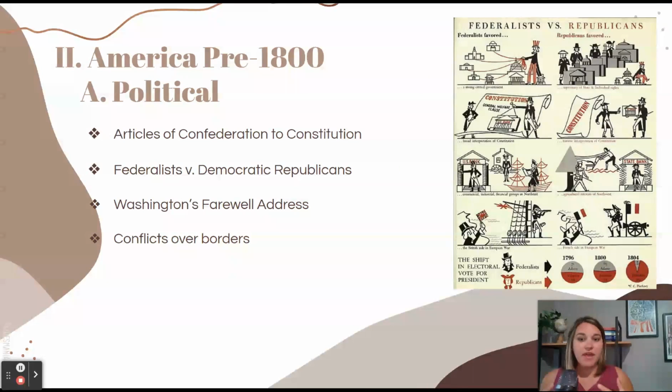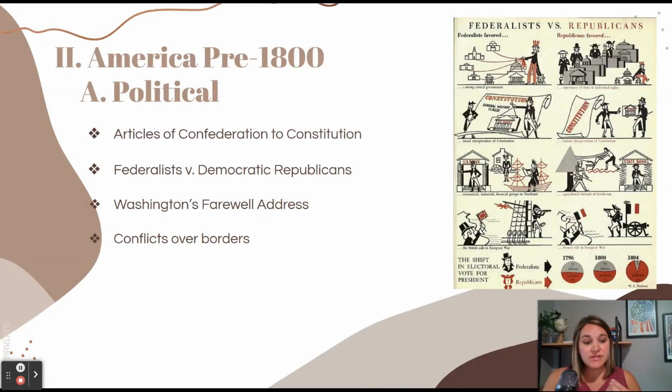So, when we think about America before 1800, we want to think about the political context. What is happening in the Republic before 1800? Well, in the years before this, we see a shift from Articles of Confederation, which is really a weak federal government, transitioning to a constitutional government under Washington and John Adams. So that's where period 3 ends, is with Adams' presidency.